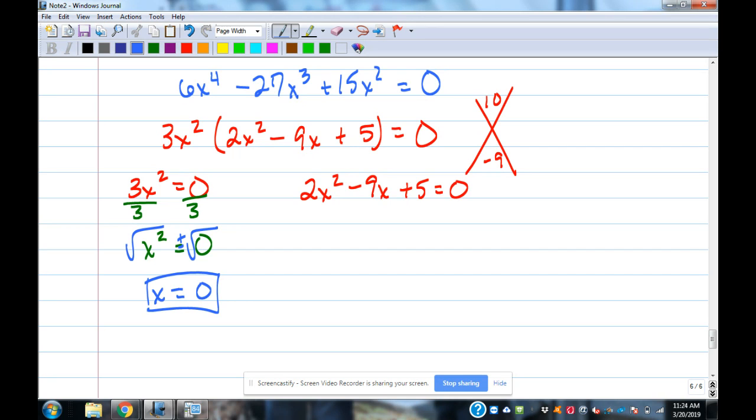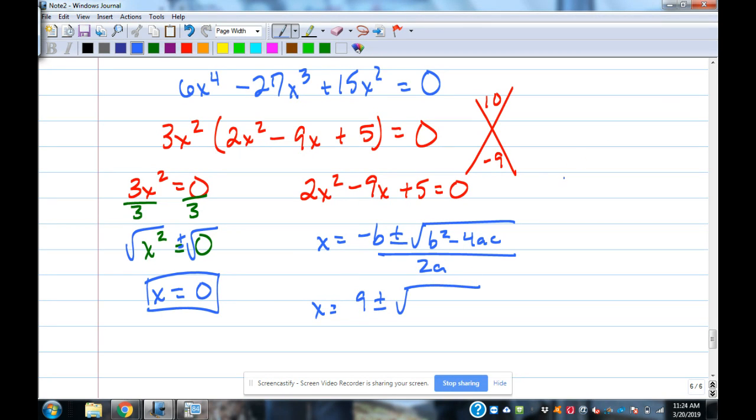Okay. All right, and then how do we solve that if it won't factor? Quadratic formula. x equals negative b plus or minus radical b squared minus 4ac, divided by 2a. So a, b, and c are 2, negative 9, and 5. Plugging those in: 9 plus or minus, and I'm going to go over here and do the discriminant.